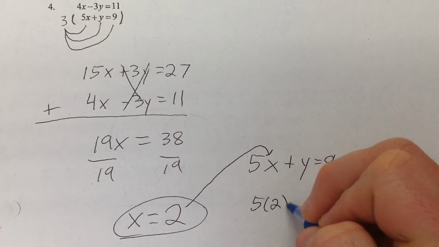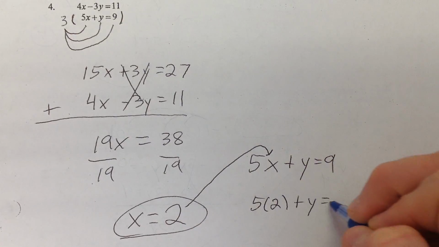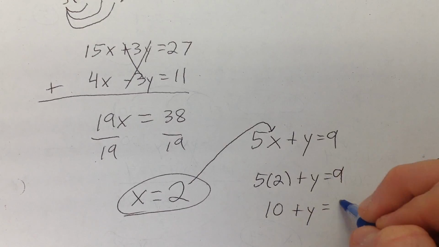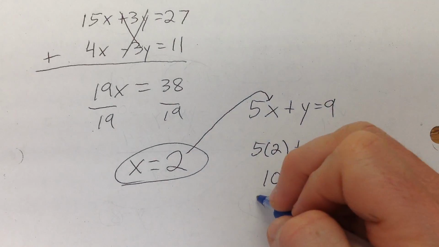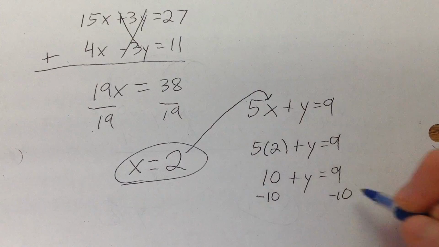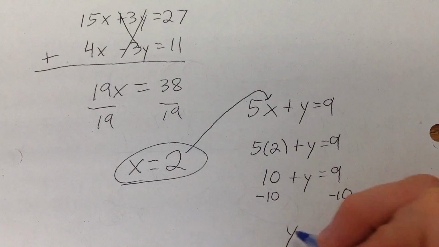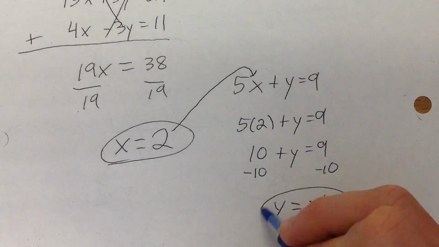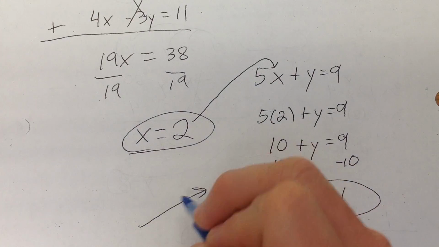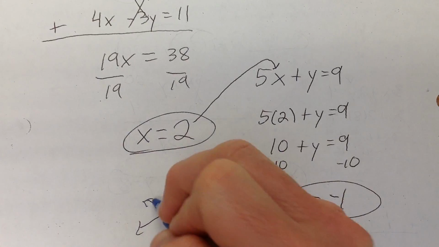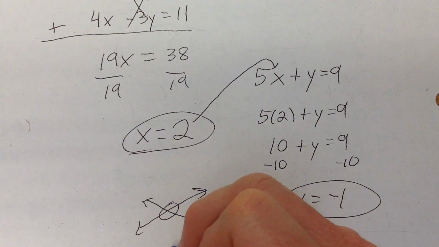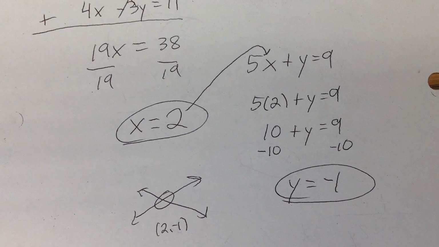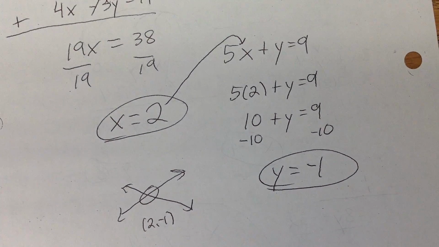So 5 times 2 plus y equals 9. 10 plus y equals 9. Subtract 10 from both sides, and you're going to end up with y equals negative 1. So again, if we had two lines, these would be intersecting at the point 2, comma, negative 1. That's the intersection point of these two equations.